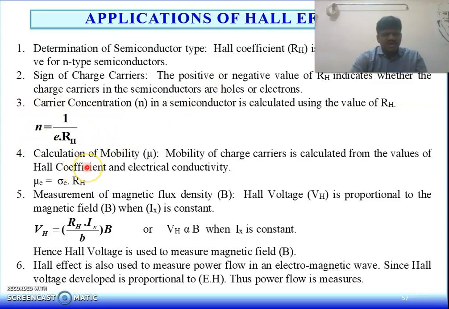That means the n value and p value. We can also find the mobility of the electron or hole, and if you know VH, we can find the applied magnetic field. Another important application is that you can also use this for the measurement of power flow in a circuit.